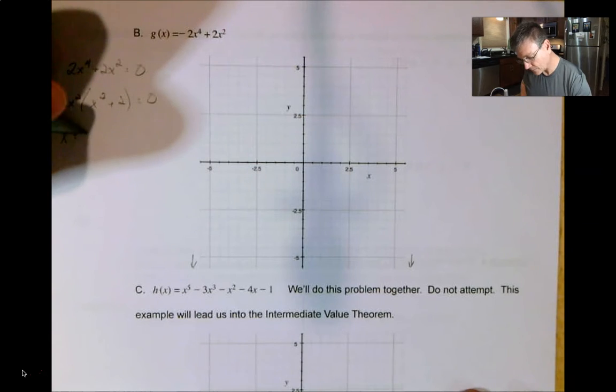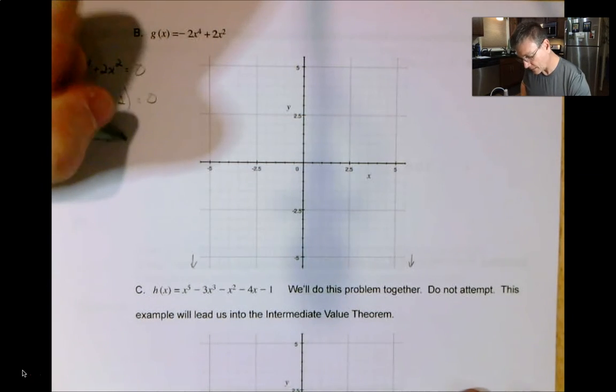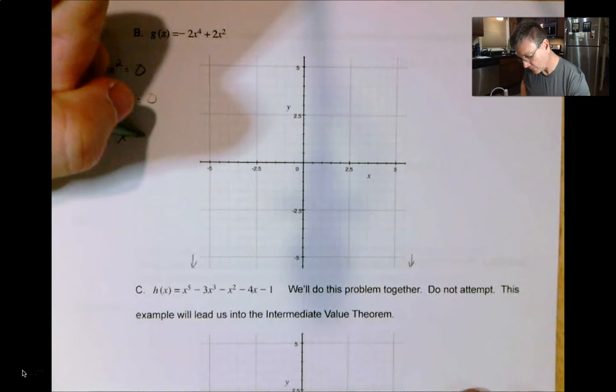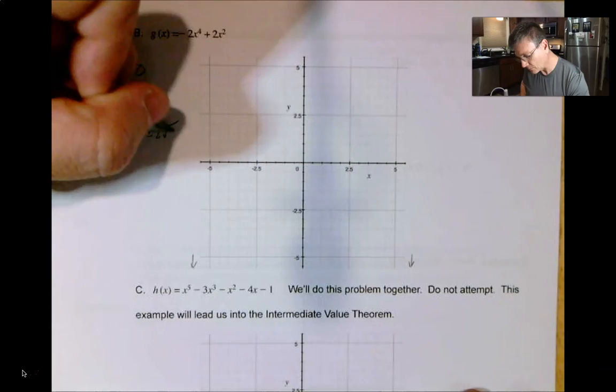X equals 0, double root. And x equals plus or minus i square root 2.